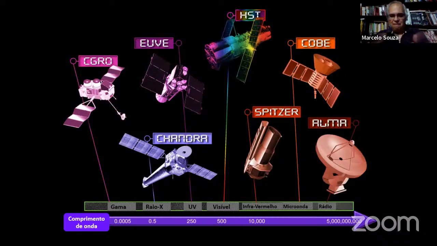We have many here, and new ones, but here are the most famous ones: Chandra, UV, Spitzer. We have already seen the universe from gamma rays to radio waves, in different positions of the spectrum: X-rays, ultraviolet, visible, infrared, microwaves.